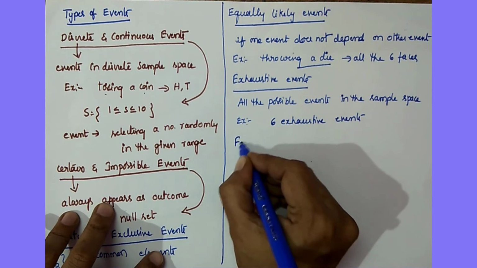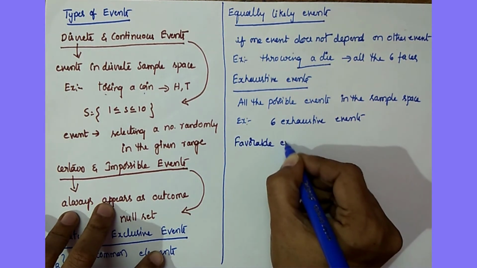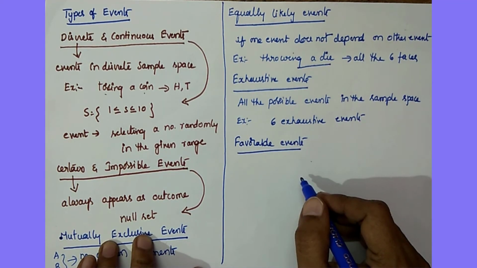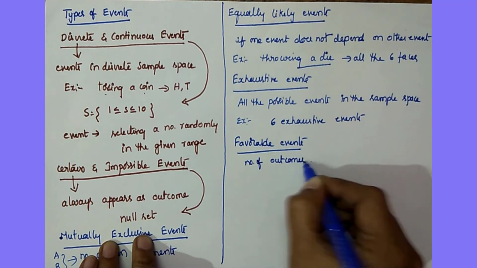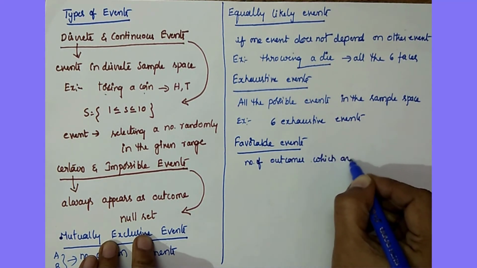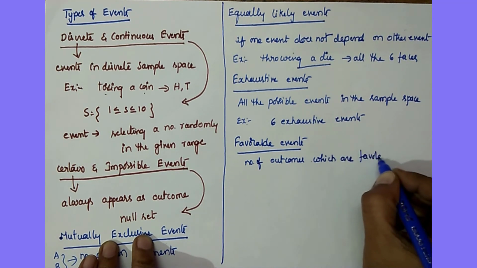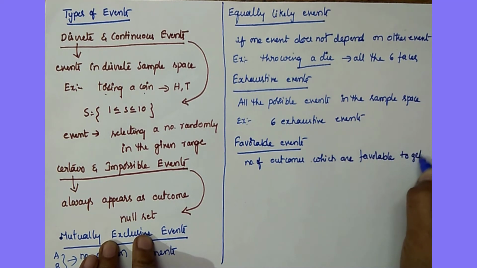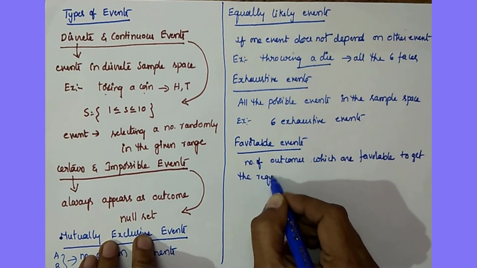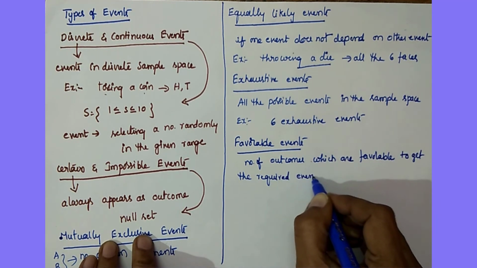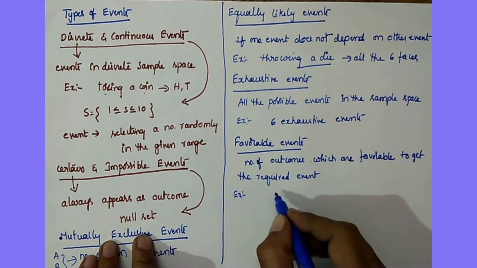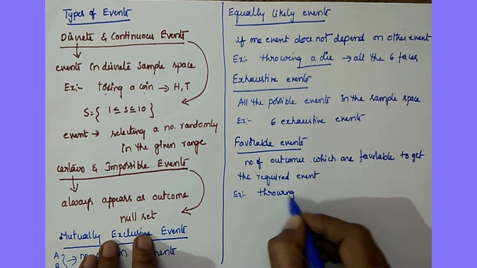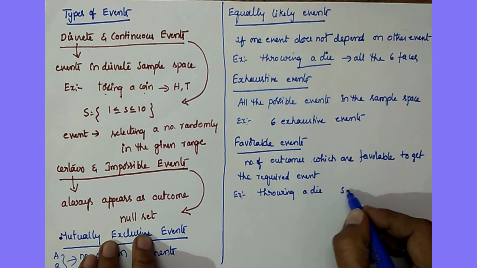What are favorable events? Number of outcomes which are favorable to get the required event. Suppose, take your throwing a die concept. What are the outcomes?